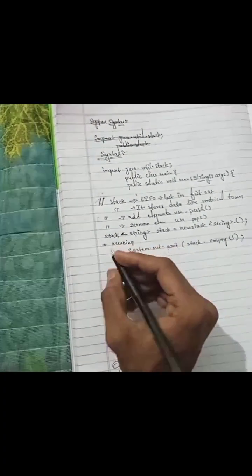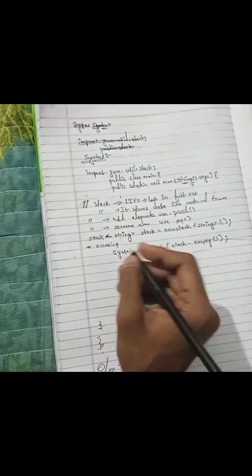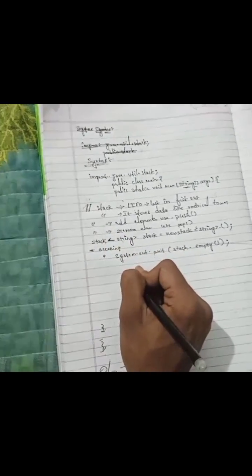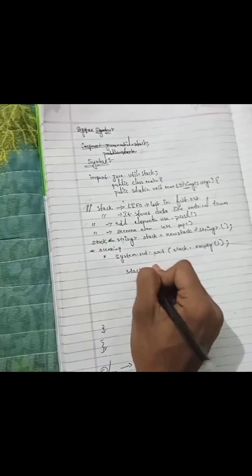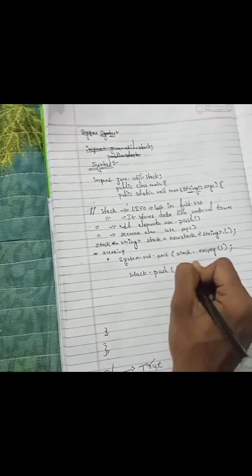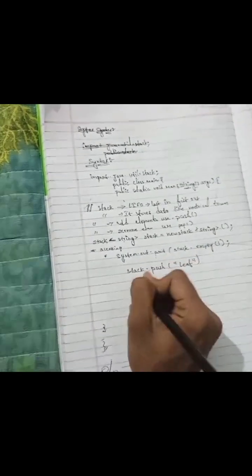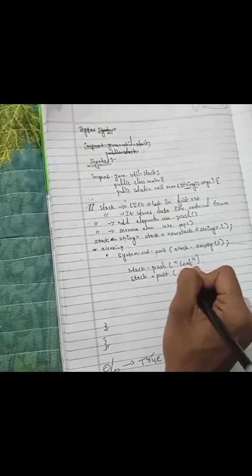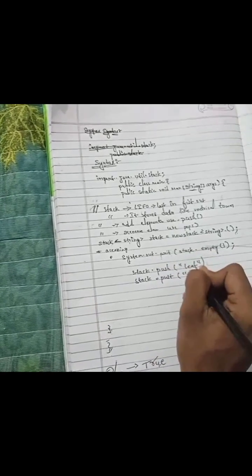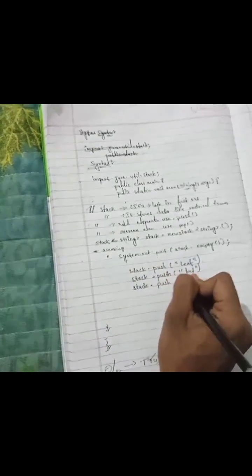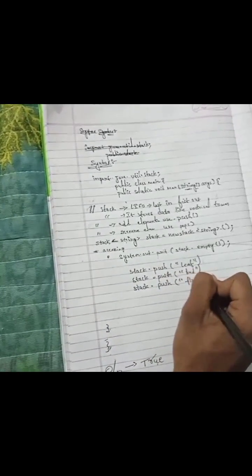And then first, stack.push leaf, and then stack.push bird, and then stack.push flower.